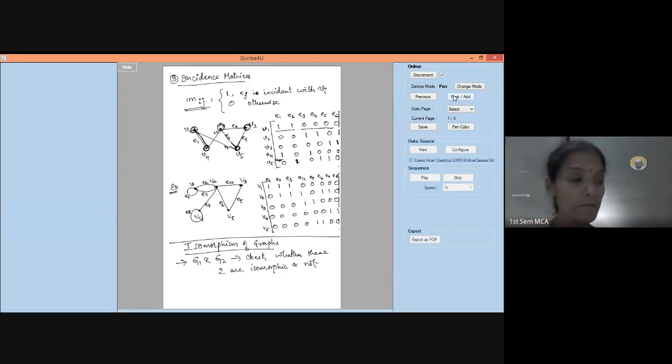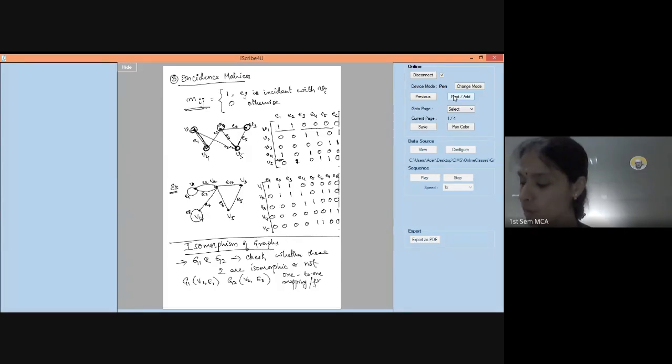Now, we say that two graphs. I have taken one graph, which contains a set of vertices V1 and a set of edges E1. I have the second graph, which contains another set of vertices and edges. These are called isomorphic if there is a one-to-one mapping, a one-to-one function from V1 to V2.